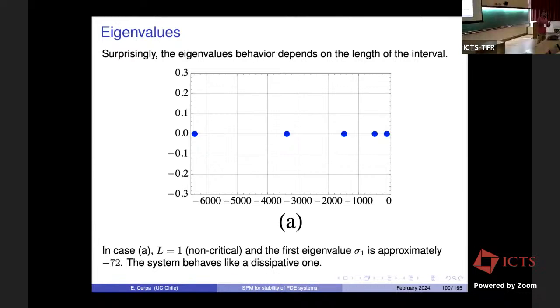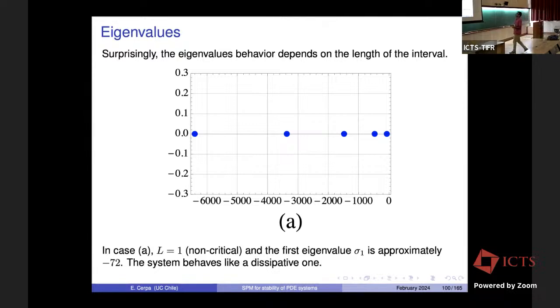You also saw in the lecture by Jean-Michel Coron that there are some critical values. We talk a little bit about that in these lectures. Here, for instance, this is the case L equals 1. It is not critical, so we know that the system is exponentially stable.